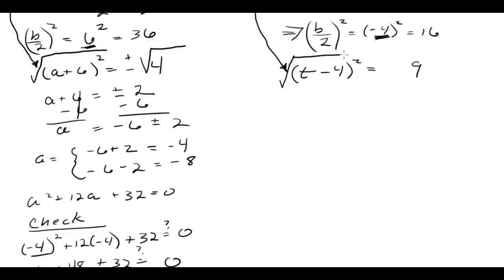The square root rule says take the square root of one side, and of course take the square root of the other side. But remember that when I take the square root, there's going to be two solutions. One plus, one negative. Both plus and negative are going to have the same absolute value. Again, the square root of a square is itself. They cancel each other out because of inverse operations. So I have t minus 4 equals plus or minus the square root of 9, which is 3.